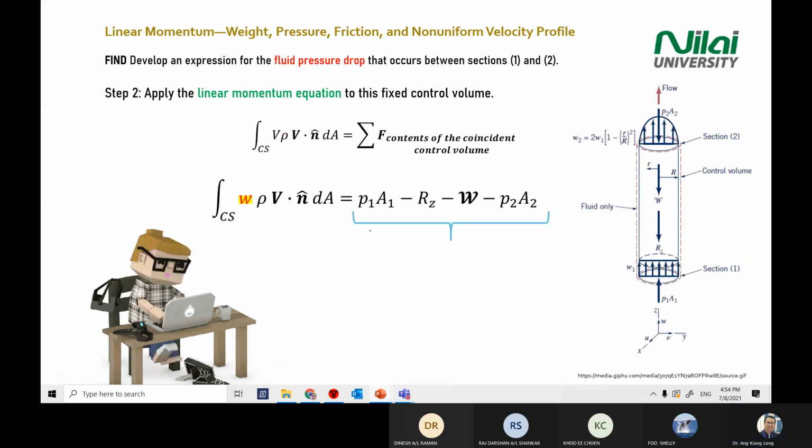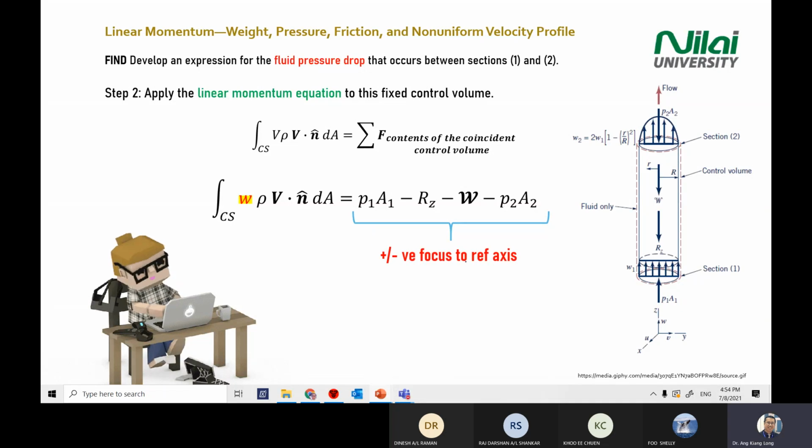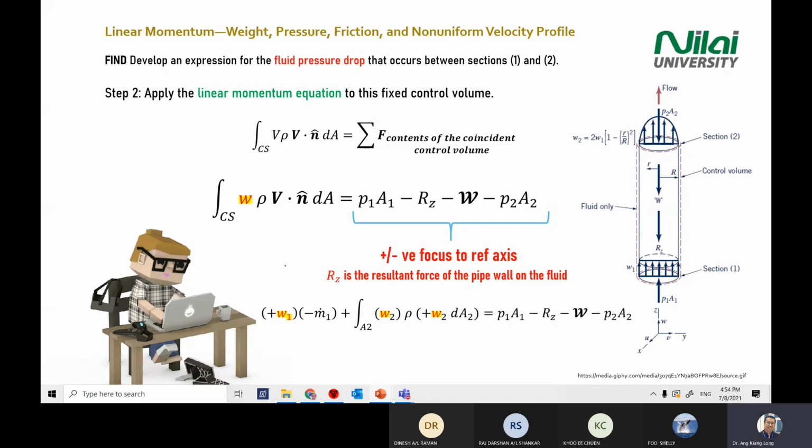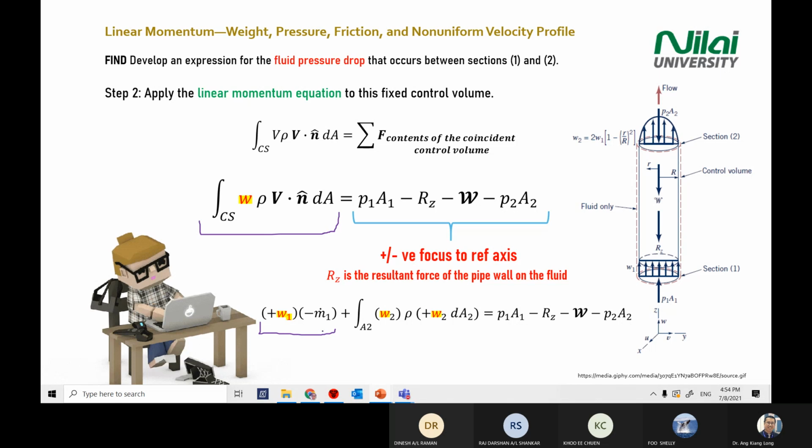So I explained about the positive and negative just now. And this line is an extension of this section. So this one is section 1, or your input. This one is your section 2.